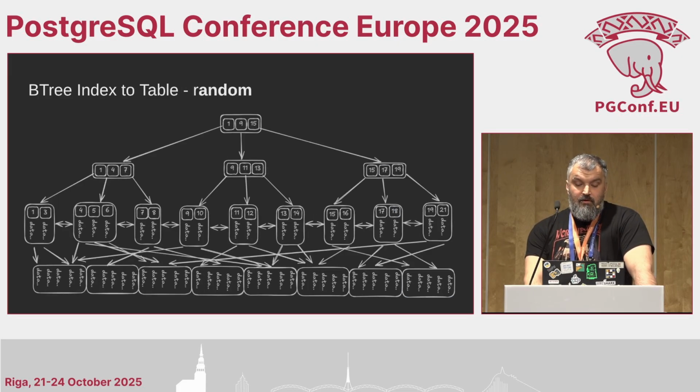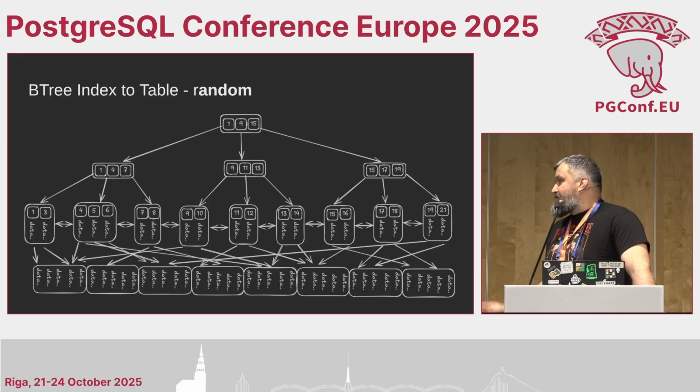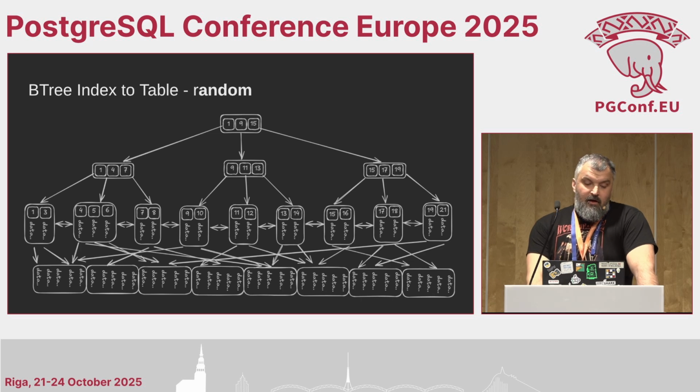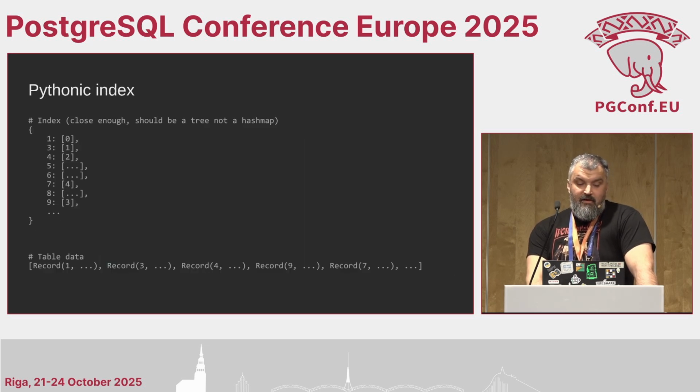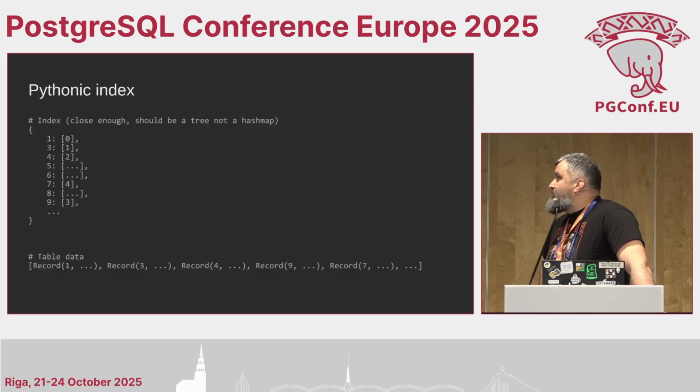Again, in practice, because Postgres is having this vacuum stuff and not overwriting data in place, this gets randomized. And it's a complete mess. And again, in Python, I'm using a Python dictionary.